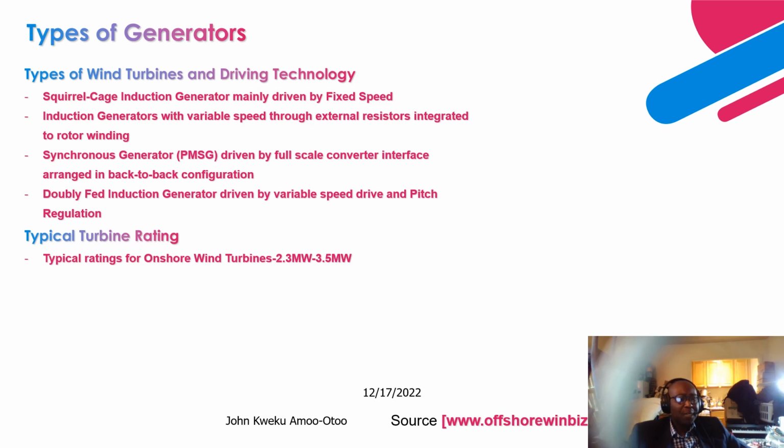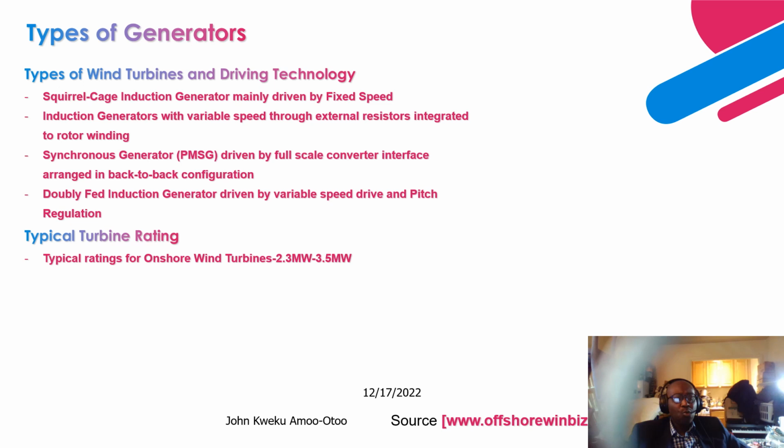Now let's talk about a typical turbine rating. A lot of questions come up on what is a typical onshore wind turbine rating and a typical offshore wind turbine rating. For onshore wind turbines, the current ratings range from 2.3 megawatts to 3.5 megawatts.